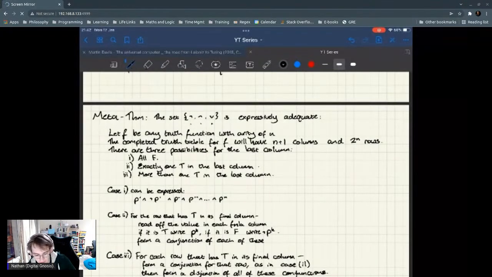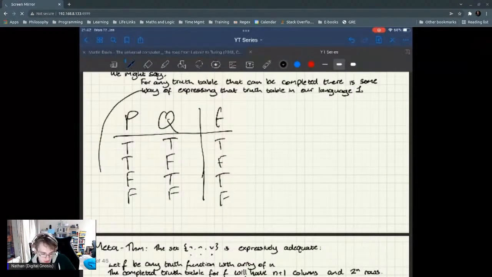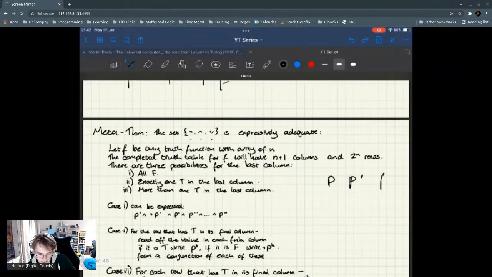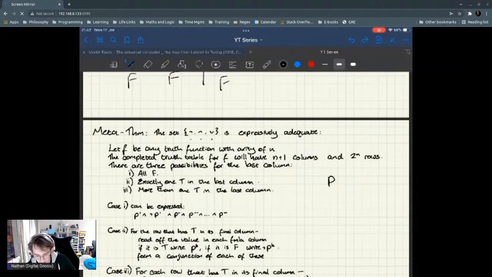So suppose that we have 2 arguments. Then the truth table is just going to look like this. We're going to have 1, 2, n plus 1, 3, for our function, that final column, and 2 to the n rows, so 4 rows. Well, that's basically just like what we drew out before. Similarly, if we had another variable, if we had p, p prime and p prime prime, then we have f on the end.